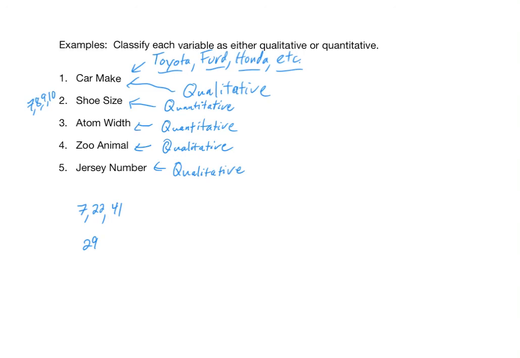So you would need to see if there's a connection between the qualitative data, the car make, and the quantitative data, the average salary of the person per year. This is an example of one type of typical question that people want to be able to answer in statistics.